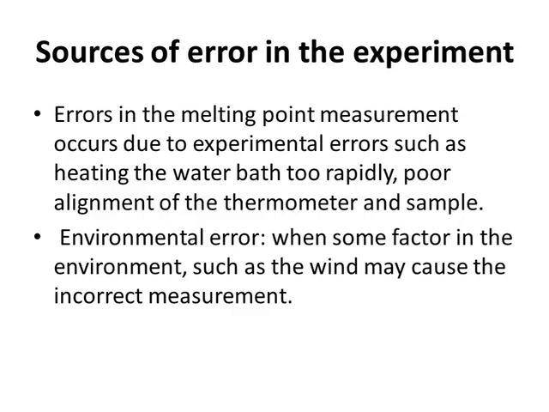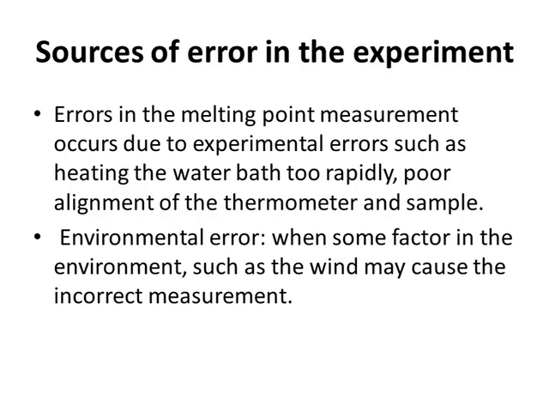If the thermometer is not placed in the substance you are trying to check the melting point of, how do you think your reading will be? So the first source of error is the experimental error due to heating the water bath too rapidly and poor alignment of the thermometer and the sample.